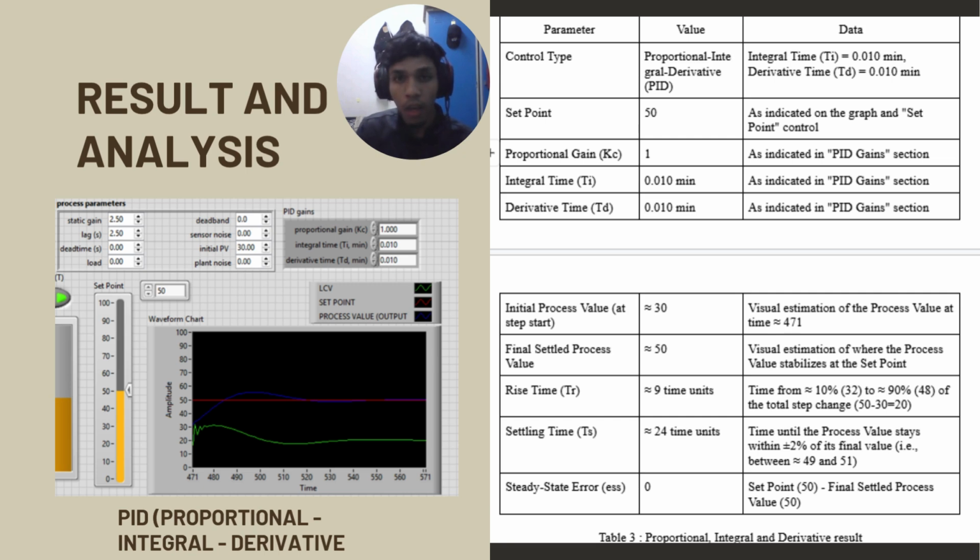The final process value will be 50, and the rise time is 9, settling time is 24, with steady state error 0. It's the same as PI. We can provide less error, but this one we got 0 because in our graph at LCV, which is the water tank, we got the same line at the set point.